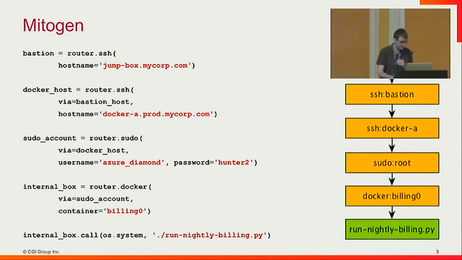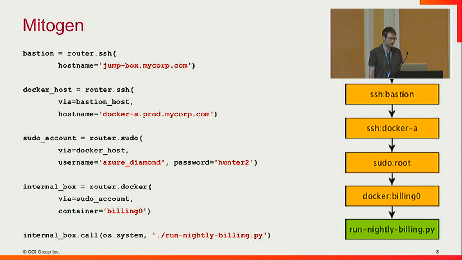To give you an idea of what Mitogen can do, this is showing a Python function being run as sudo inside a Docker container on a remote machine, and the result getting chained all the way back up to the originating system.